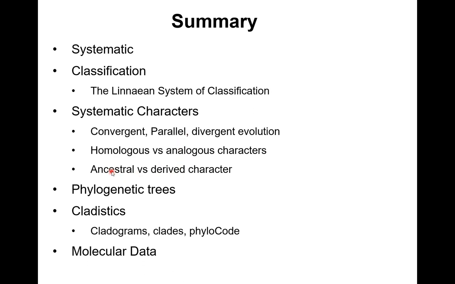Then we talked about phylogenetic trees and how they represent not only the relationship between individuals from an evolutionary point of view, but also the time distance between them. We introduced also cladistics.